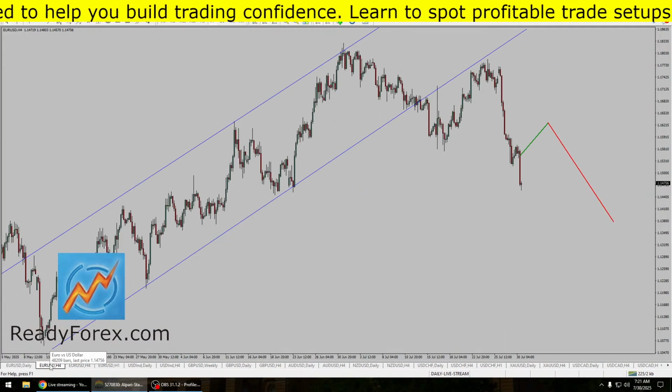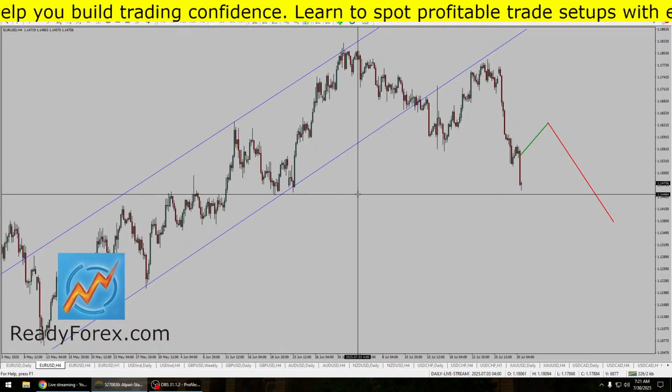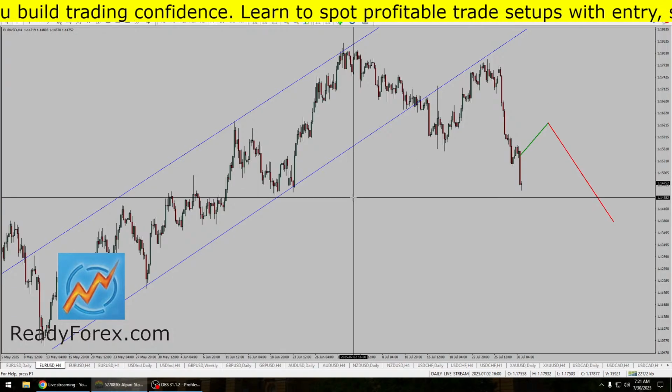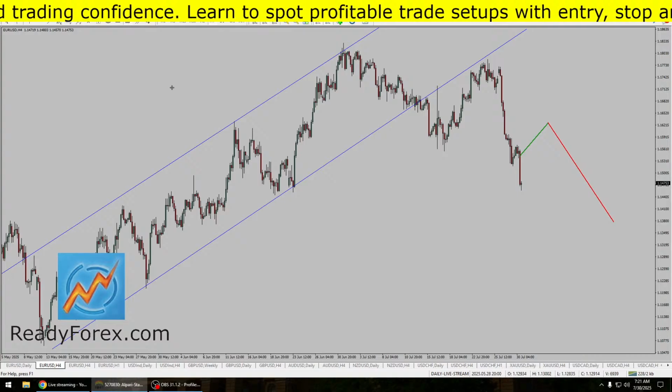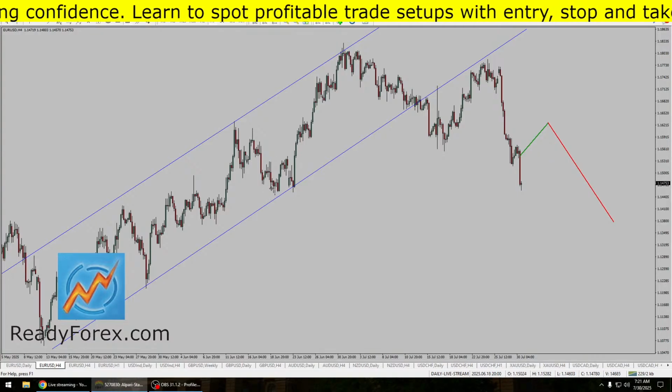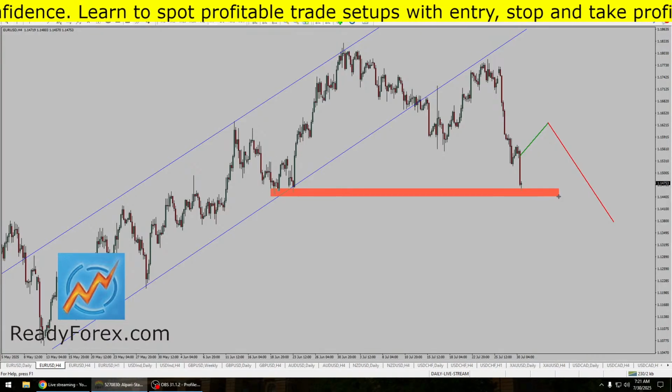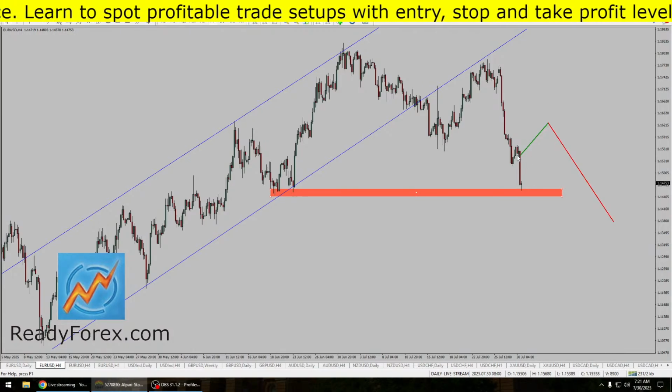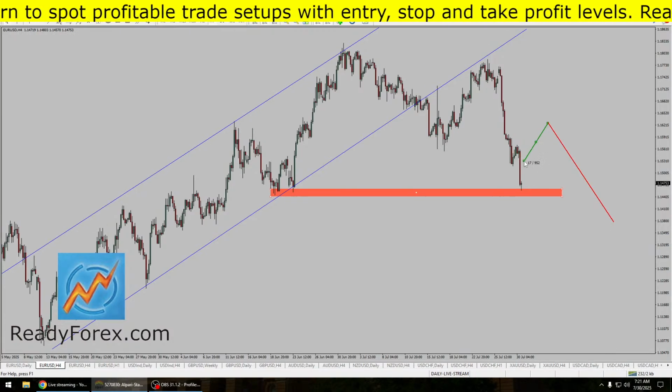Okay, next the 4 hour. Over here we got the support. Price action is almost testing this area. This is the support, and this support is telling me that market is now going to push here.